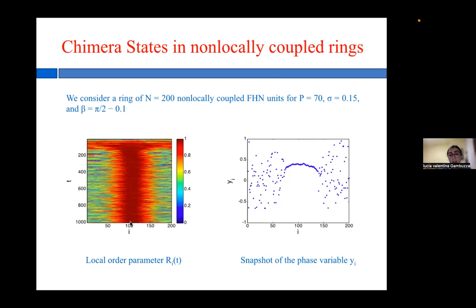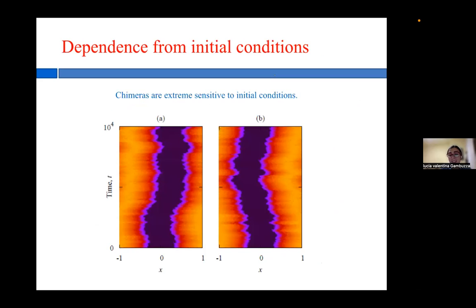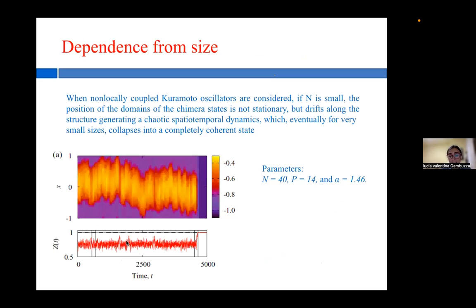So I don't know if in the real case all chimera states are just transient, but the lifetime of the chimera state depends on the size of the system which we are considering. Thanks.